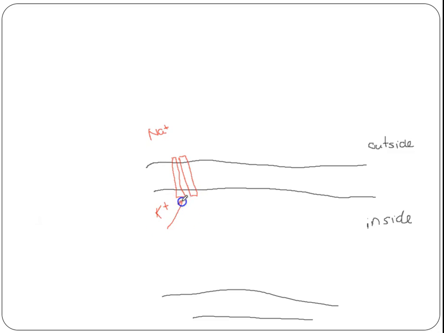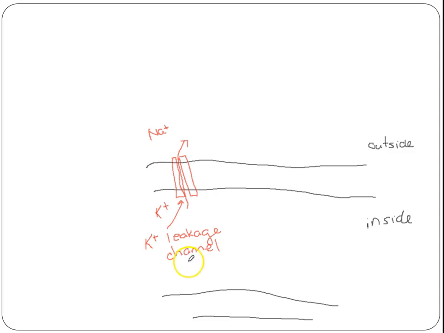So this right here is a potassium leakage channel. And basically what it's doing is it's allowing potassium to leak out. Okay? So this allows potassium to leak out. That's what a leakage channel does.